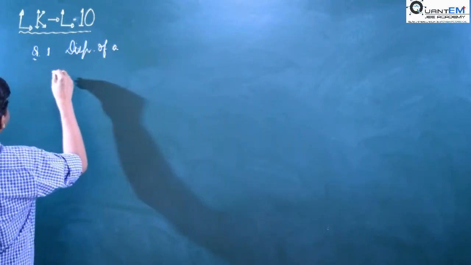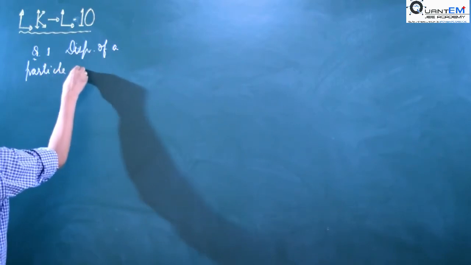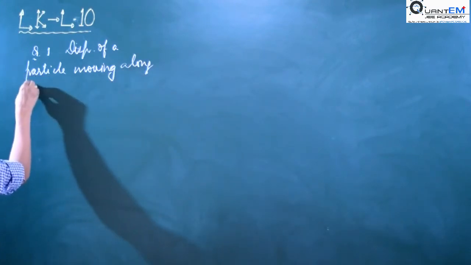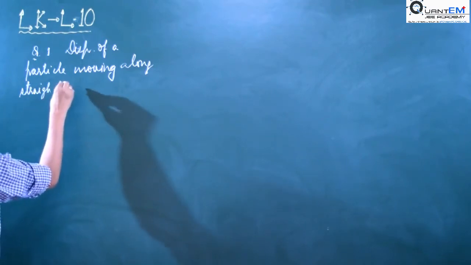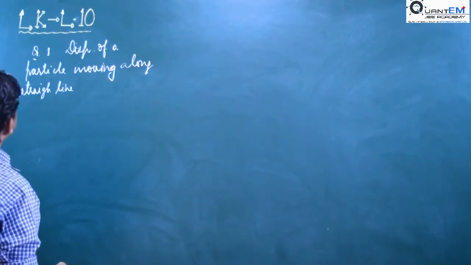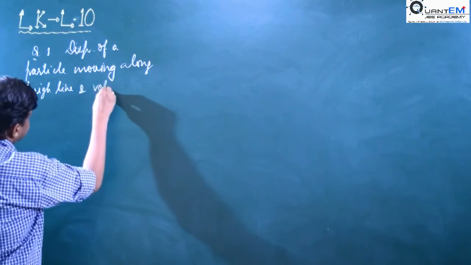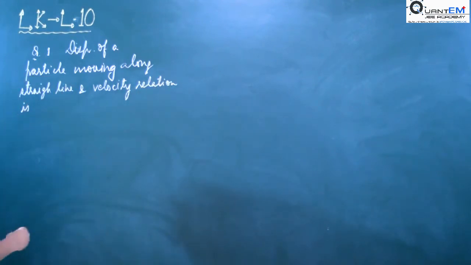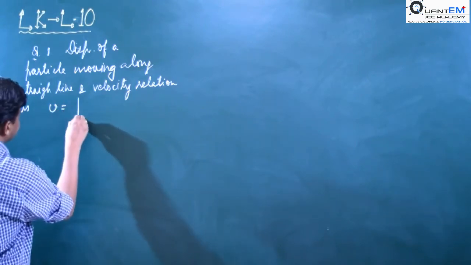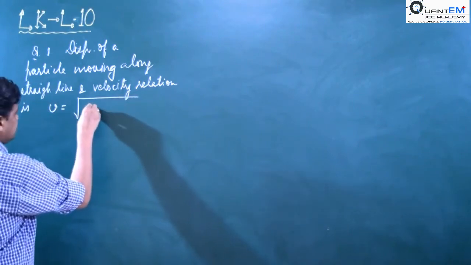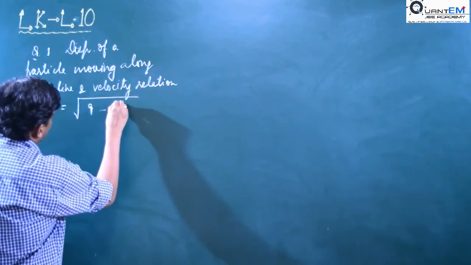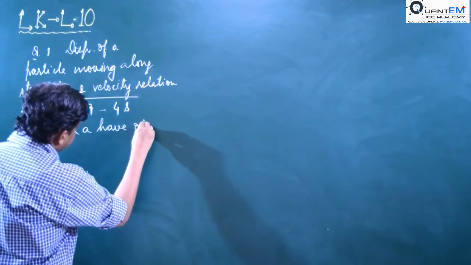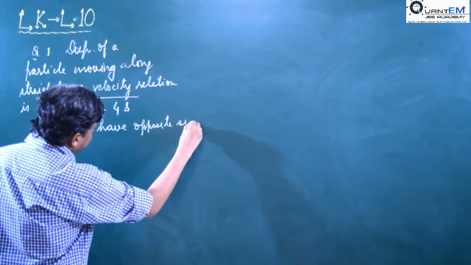Suppose the displacement of a particle moving along a straight line and velocity relation is V is equal to under root 9 minus 4s, and we are given that U and A have opposite sign.